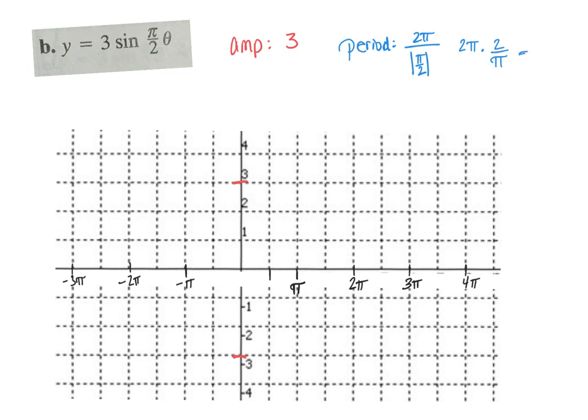Which means what happens here? The pi's cancel, and I have just 4. Yes? Everybody agree with that? Right, and I actually am going to change this from pi because it'll be a little bit easier. All right. So my period is just 4, right?